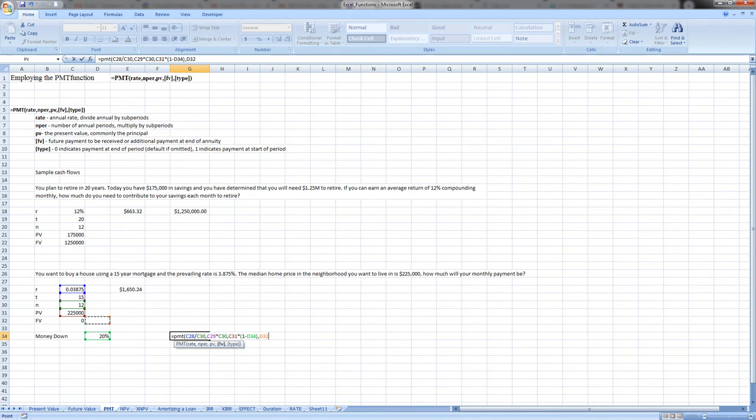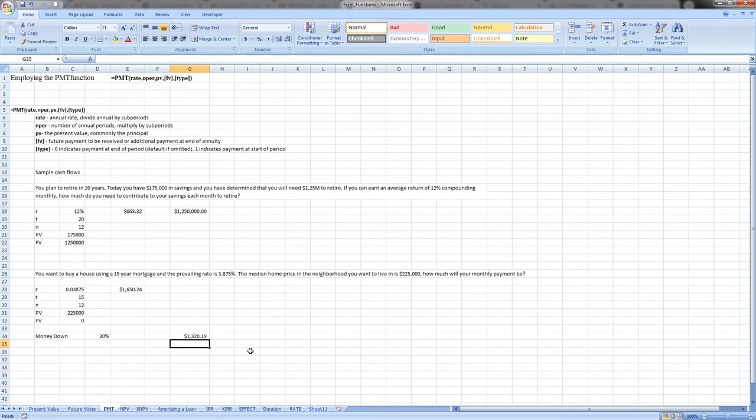There's a future value of 0 by the time we pay off the loan, and the payments are made at the end of the month. Oh, we also need that $225,000 to be an outflow. So if we bring 20% down, we see that our mortgage payment now would be $1,320.19.